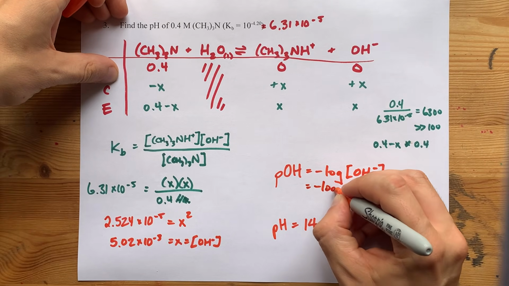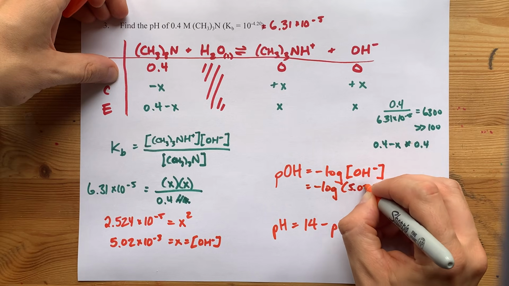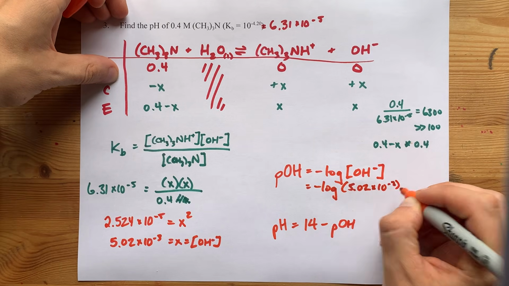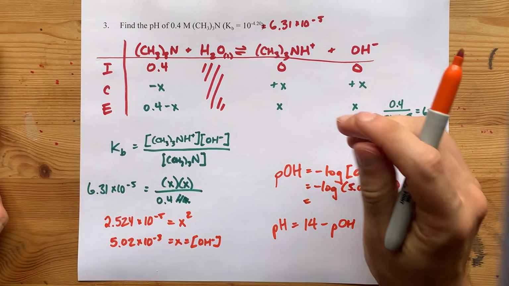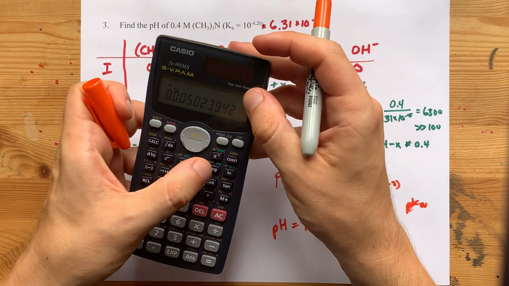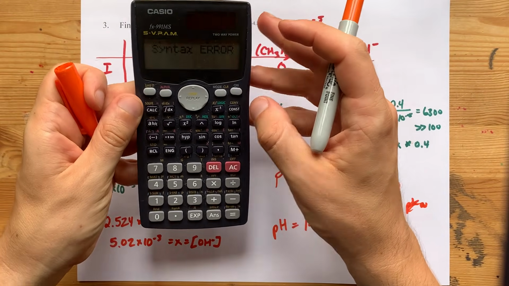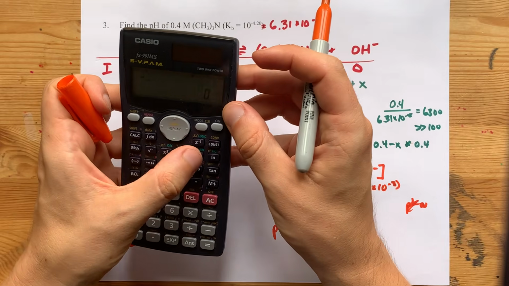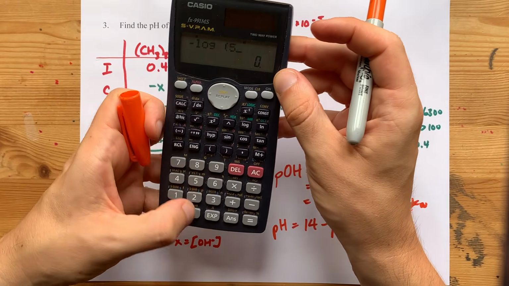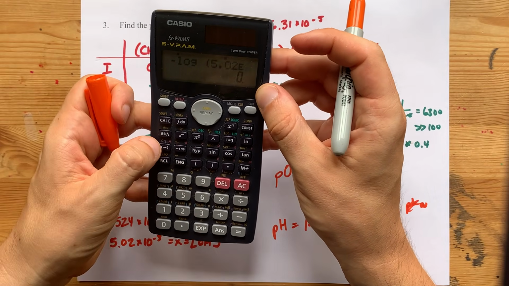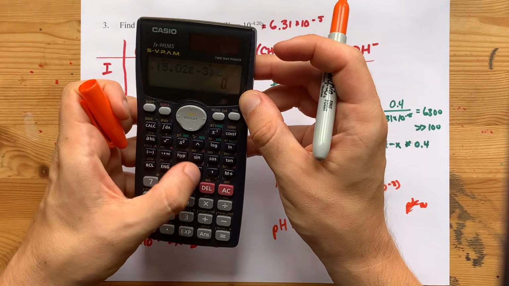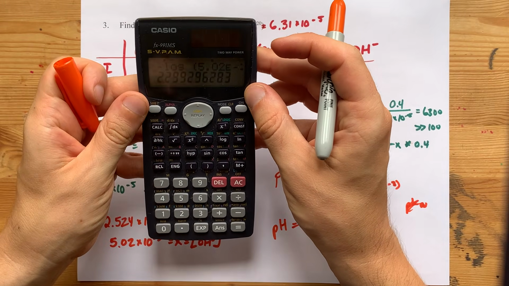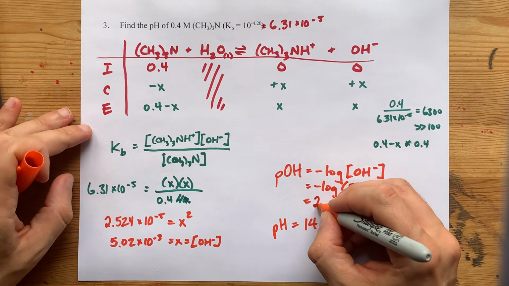Anyways, for me, it's negative log of 5.02 times 10 to the negative 3. When I do that on the calculator, it gives me a syntax error. Negative log of 5.02 times 10 to the negative 3 gives me 2.30.